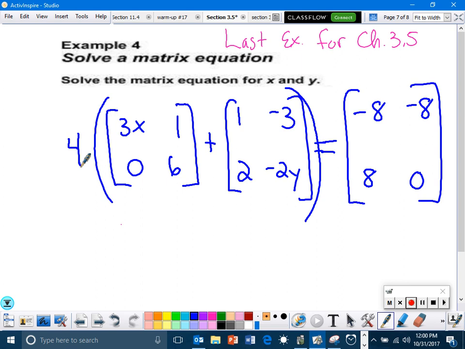Okay, so that's the problem given to us. And we want to solve for x and y.